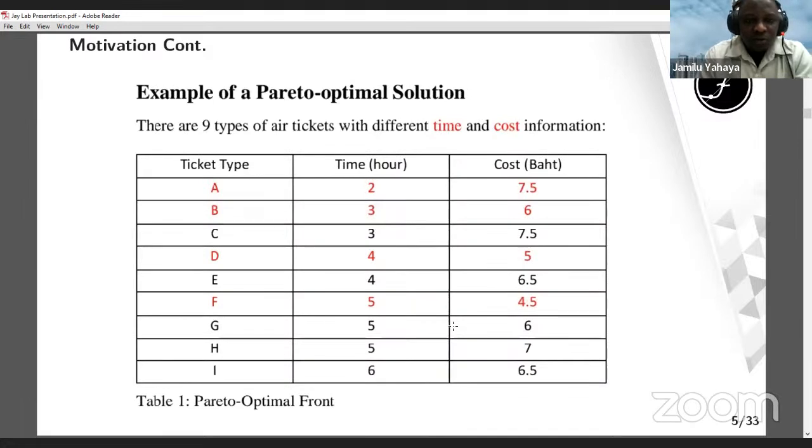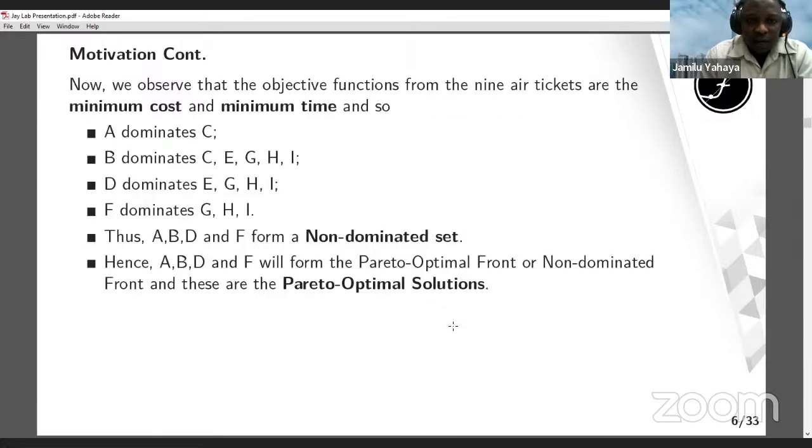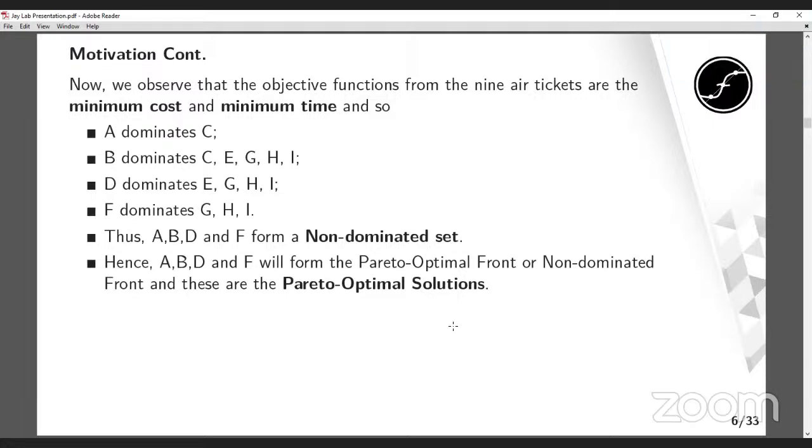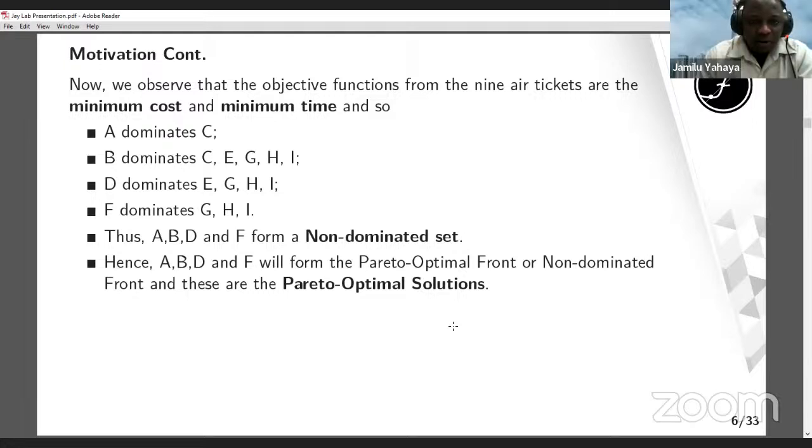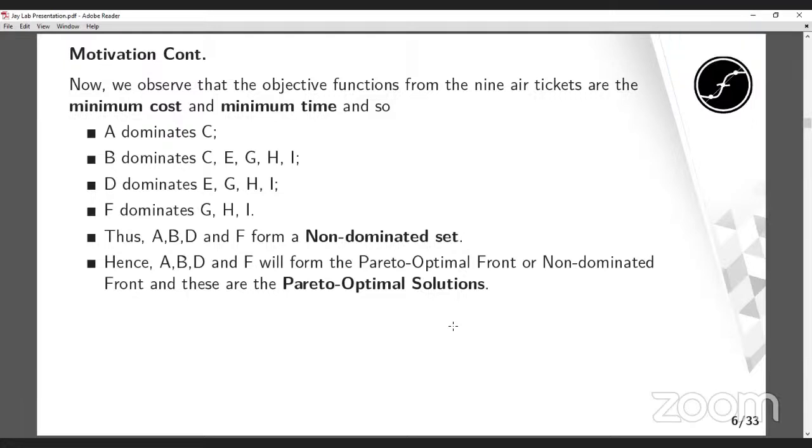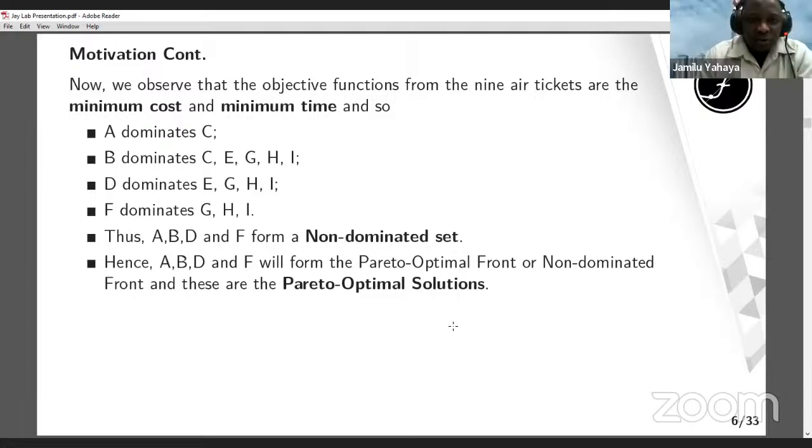So this is one of the motivations of studying vector optimization problem. Hence, in conclusion, we can now say that this A, B, D, and F form a Pareto optimal front, which sometimes we call non-dominated front, and these are called the Pareto optimal solutions.